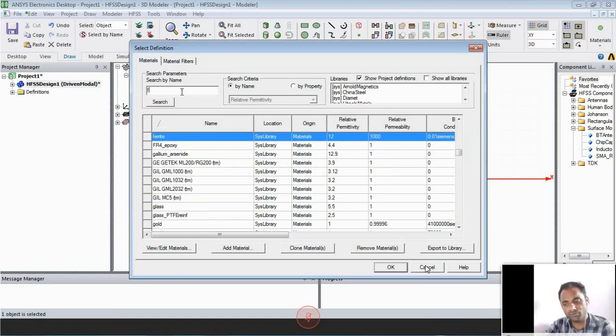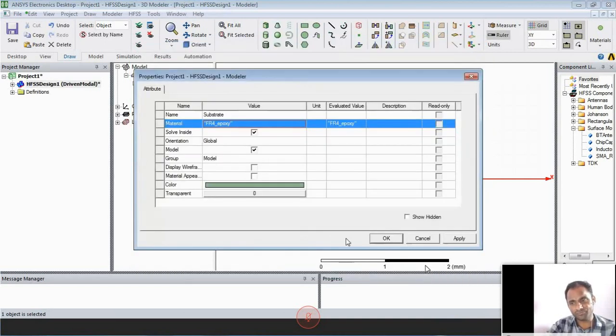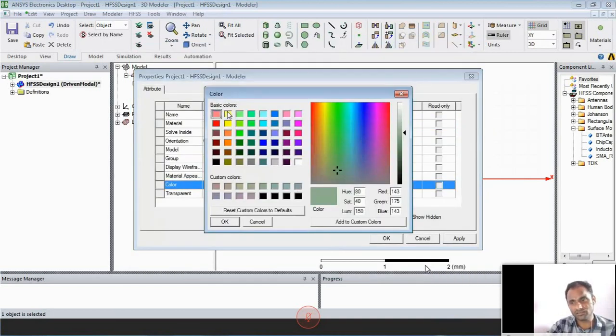I am taking FR4 because first I'm designing a base substrate, and next day we'll go for the R-LAN oriented, that means high permittivity substrate oriented designs. Then only you get how it varies. So you need to know about that variation. That's why I'm taking FR4 here. Just give OK. Then I change my color.